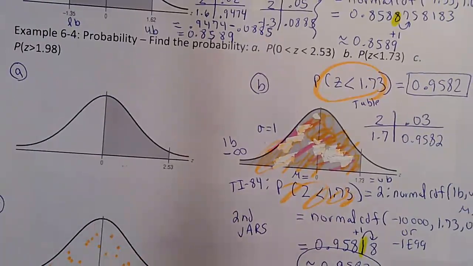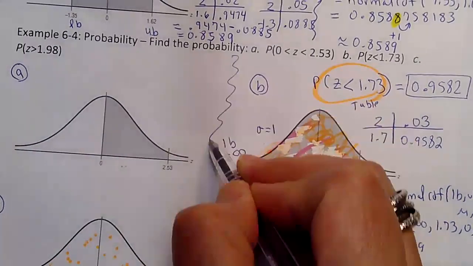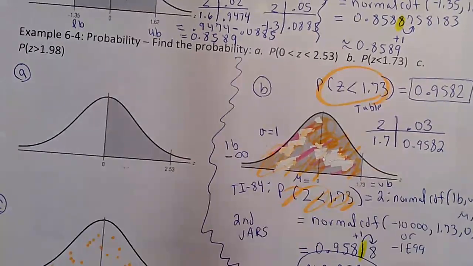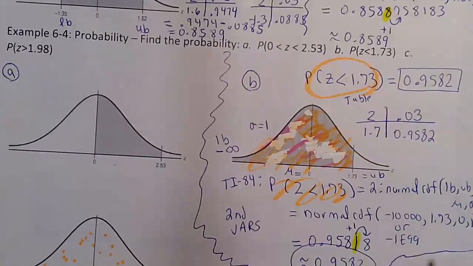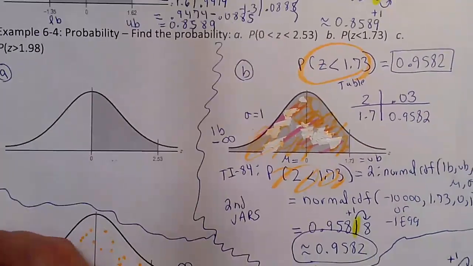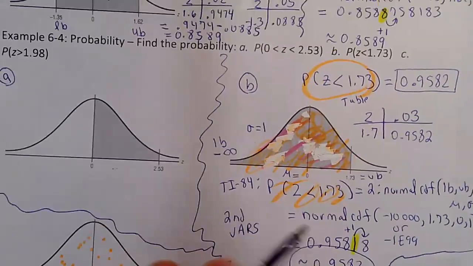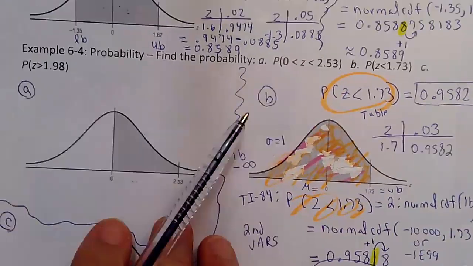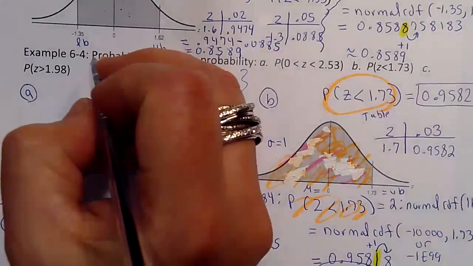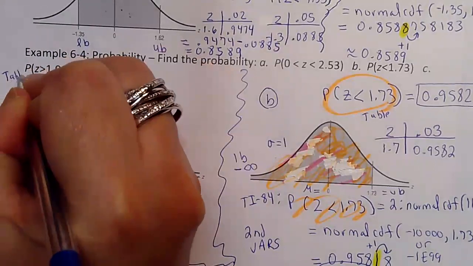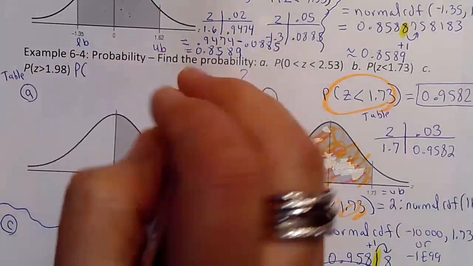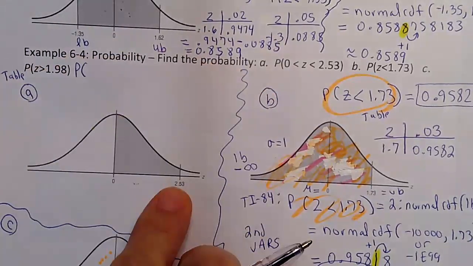Okay, we do it on the table first. So we have the probability that Z is trapped between 0 and 2.53.